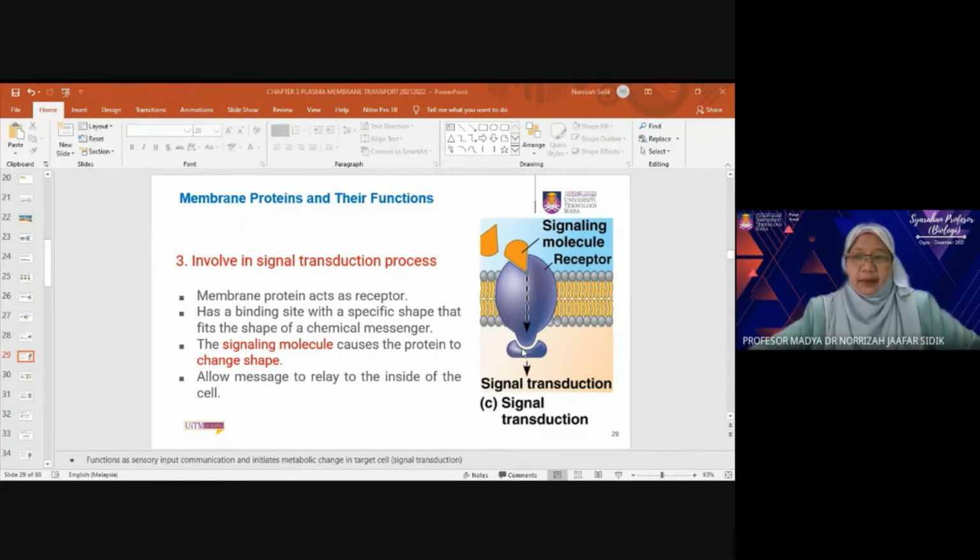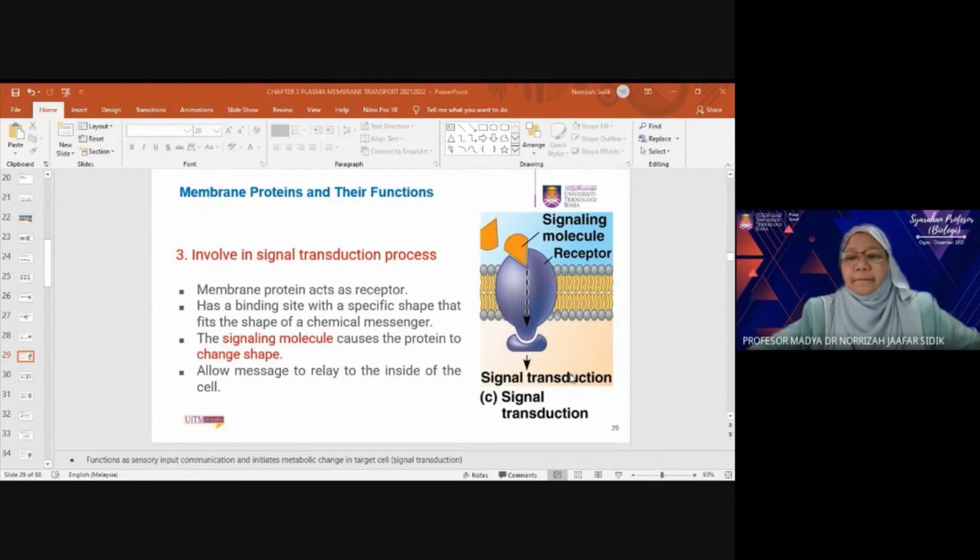So here it involves reception and transduction. At reception, the signal binds to the receptor, whereas during transduction, it changes the receptor protein. This change initiates the process of transduction, usually a pathway of several steps, and then the next is the response, where the signal will trigger a specific cellular response.